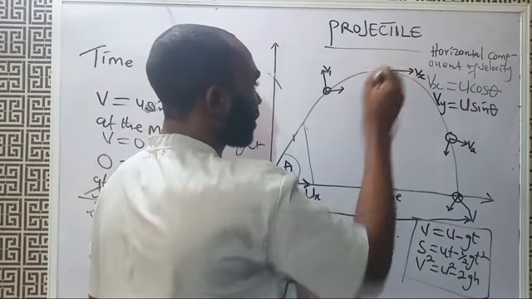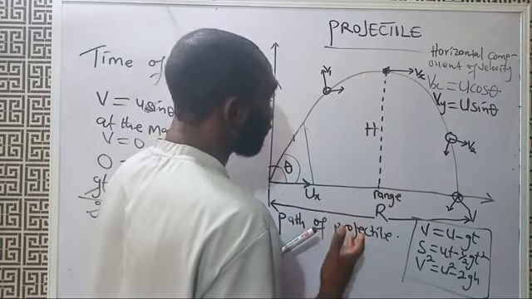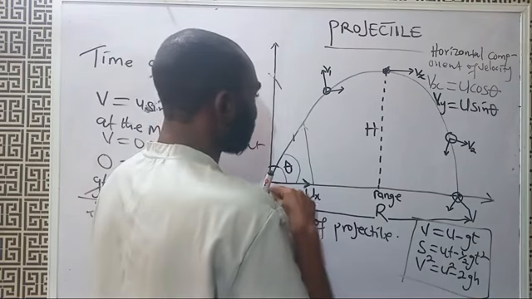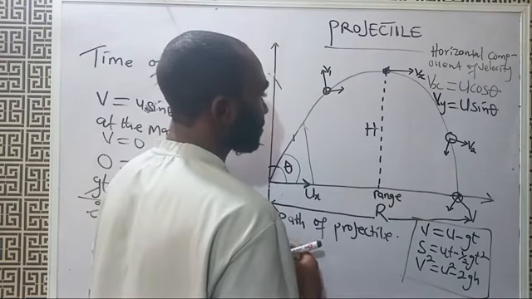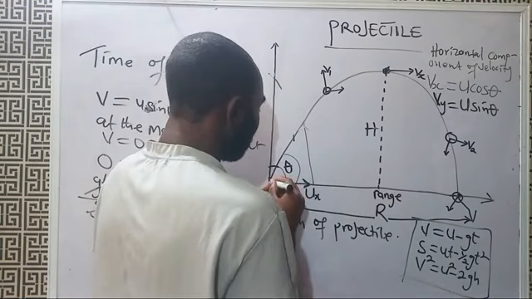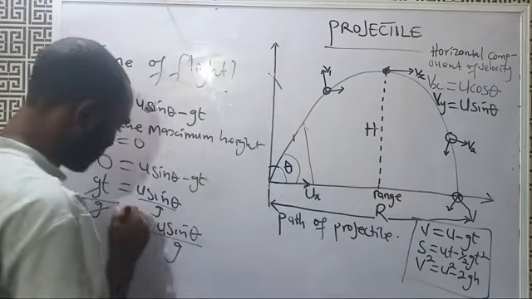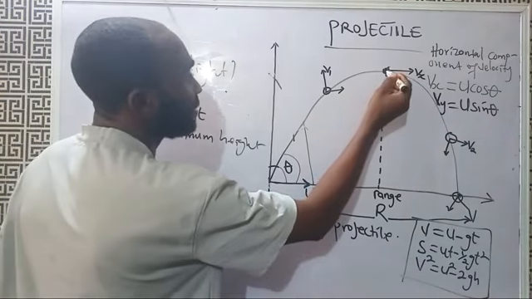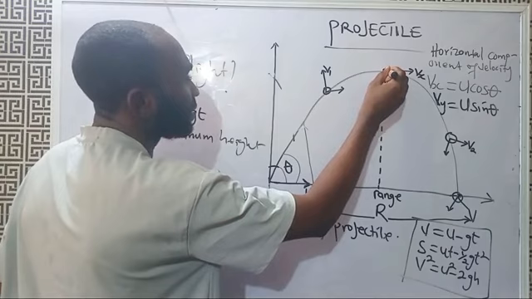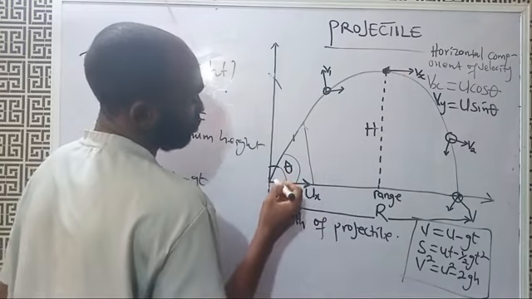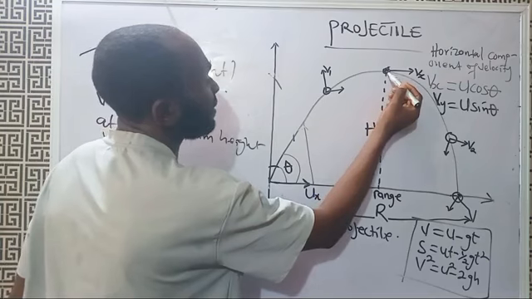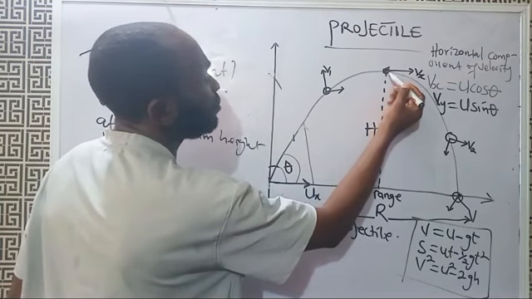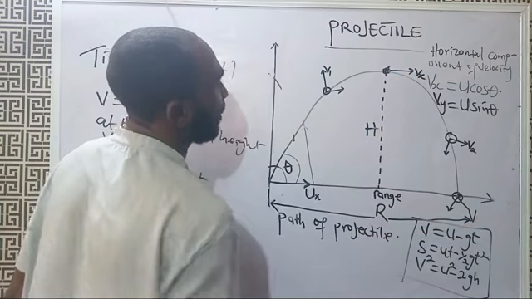Now the time of flight is the time taken for the projectile to travel a complete path. So the small t we found is the time taken to attain the maximum height, and that is the same time it will take to return back to the ground.